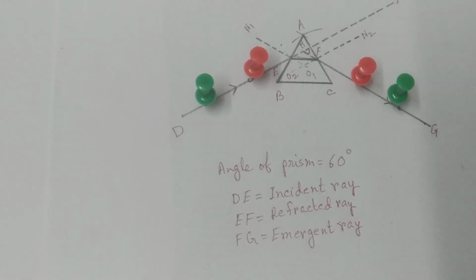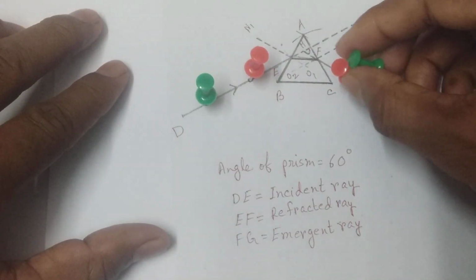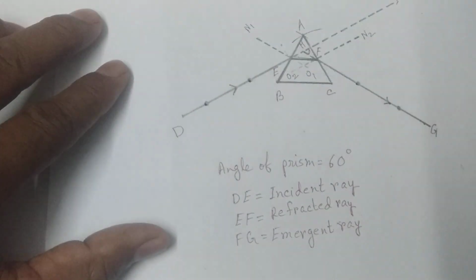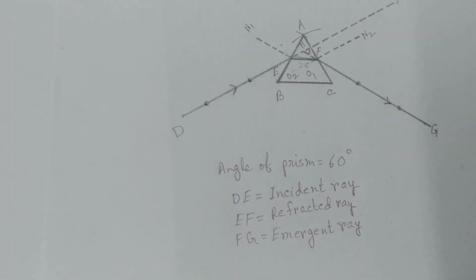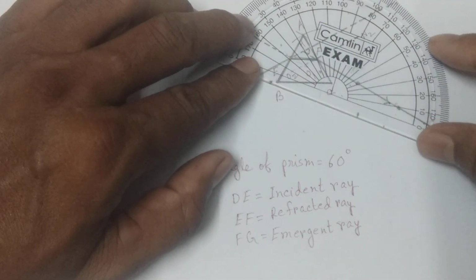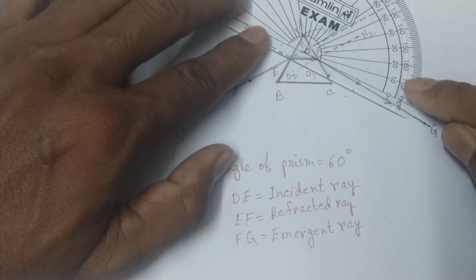This angle is the angle of deviation. Let us measure with the help of protractor and find what is the angle of deviation. Let us take these pins. Now, with the help of protractor, let us measure the angle of deviation in this prism. Here you see, we are measuring the angle of deviation.